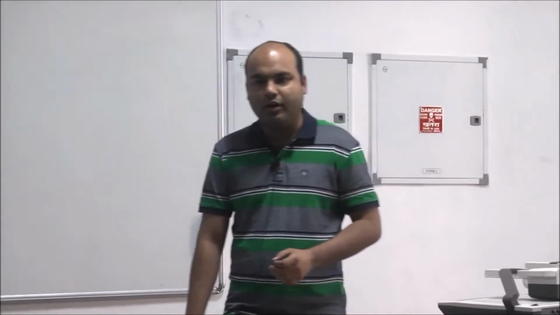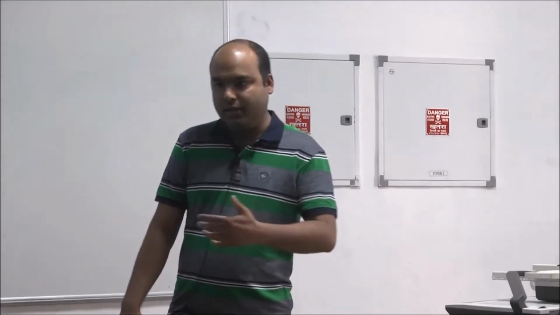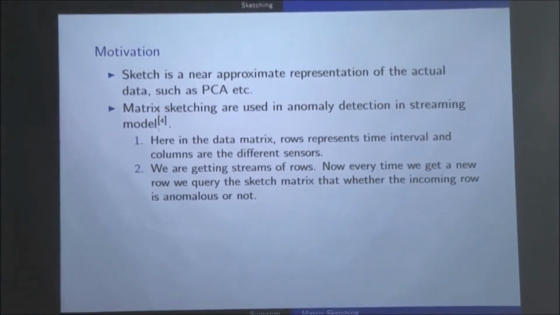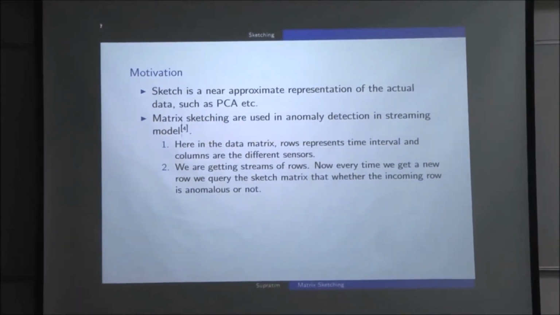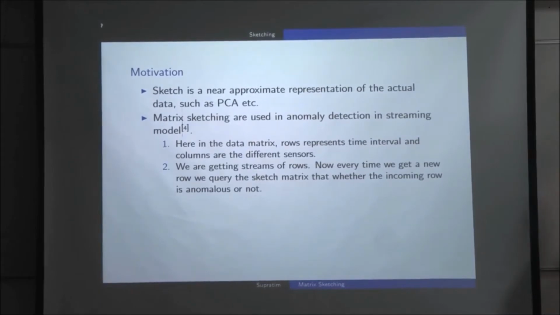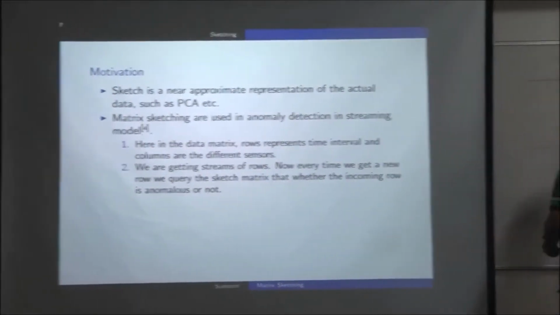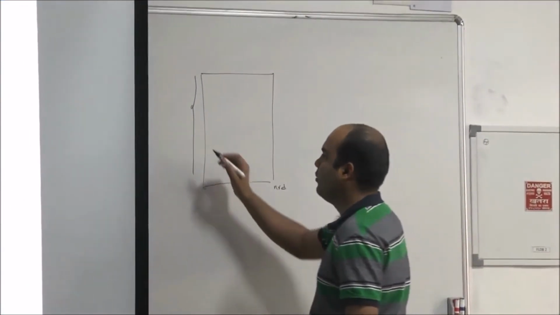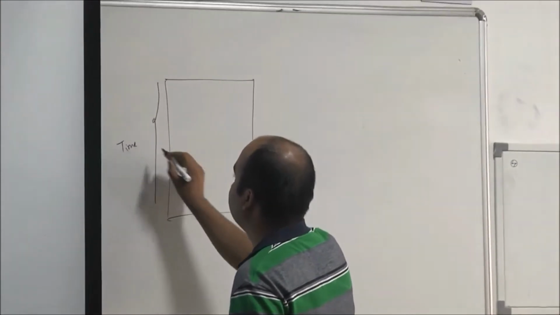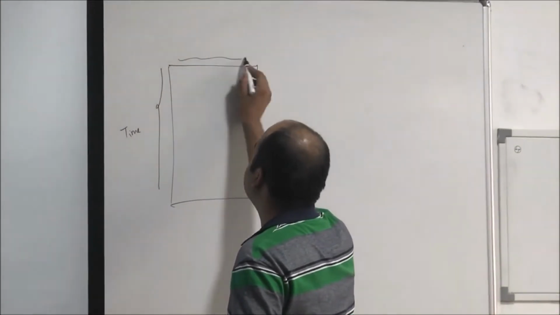To understand how matrix sketching comes into play, let us look at one example in data anomaly detection. Here we have streaming data as a matrix of dimension, let's say, n cross d, where the rows tell us the timestamp and the columns are the features.